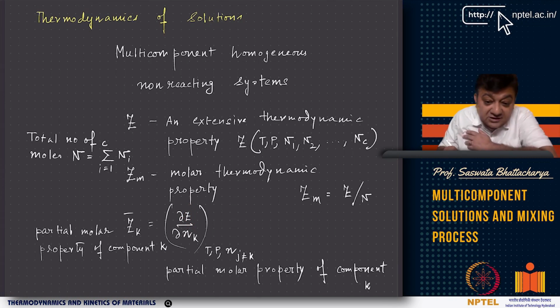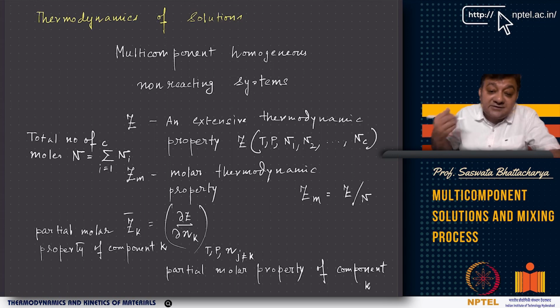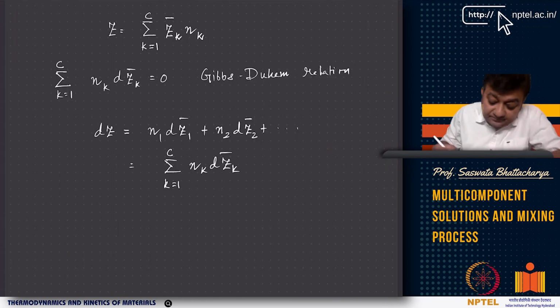So this is the partial derivative of the extensive thermodynamic property with respect to the mole number of component K, keeping temperature, pressure, and mole number of all other components fixed. We want to see how the extensive property varies as a function of change in the mole number of component K.